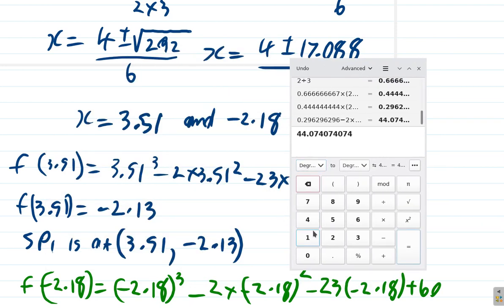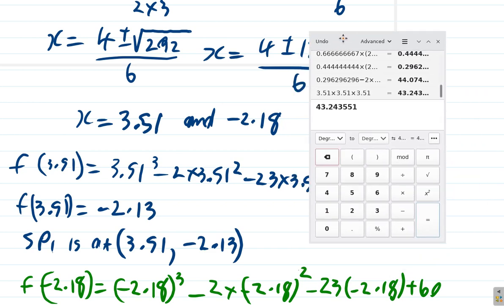This is 3.51 by 3.51 by 3.51, which gives us 43 point something. Alright.